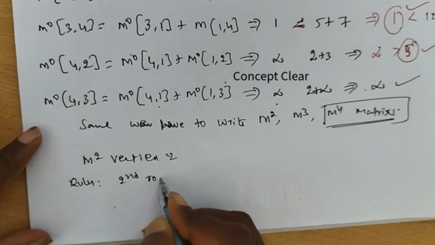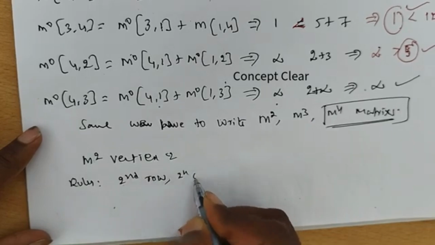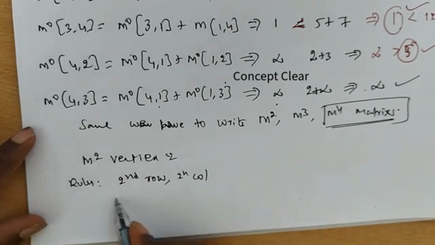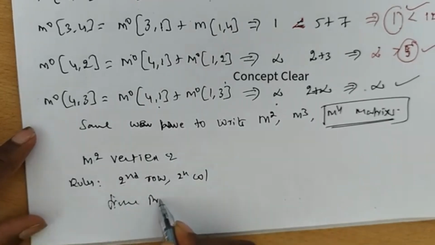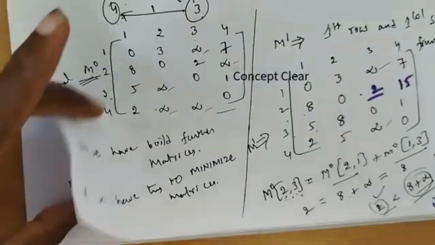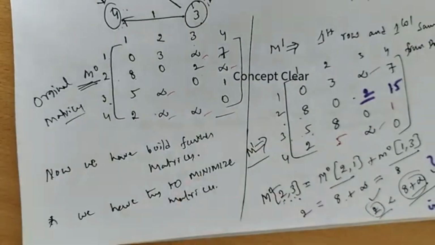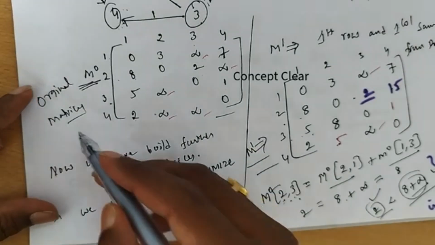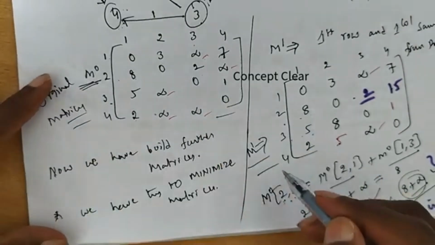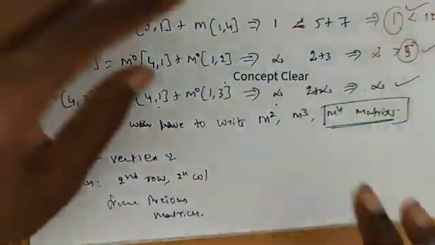Second row, second column from the previous matrices. Here don't confuse. Previous matrix means M1 is the previous matrix, not M0. When we are building M1, we have to take M0. When we are building M2, we have to take M1 as the previous matrix.